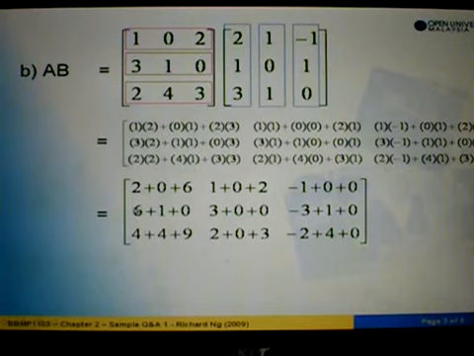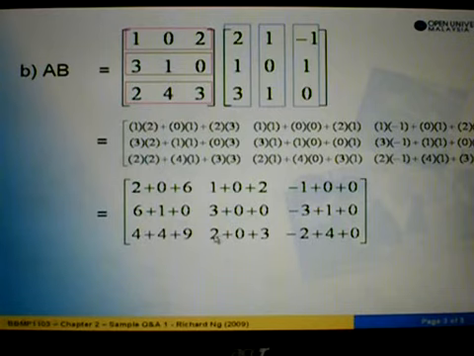Followed by 3 times 2 is 6, 1 times 1 is 1, 0 times 3 is 0, 3 times 1 is 3, 1 times 0 is 0, 0 times 1 is 0. And then 3 times negative 1 equals negative 3, 1 times 1 equals 1, 0 times 0 equals 0. And finally 2 times 2 is 4, 4 times 1 is 4, 3 times 3 is 9.